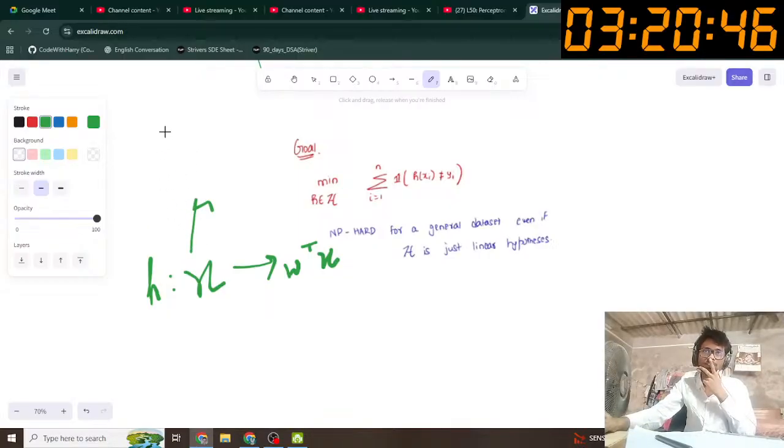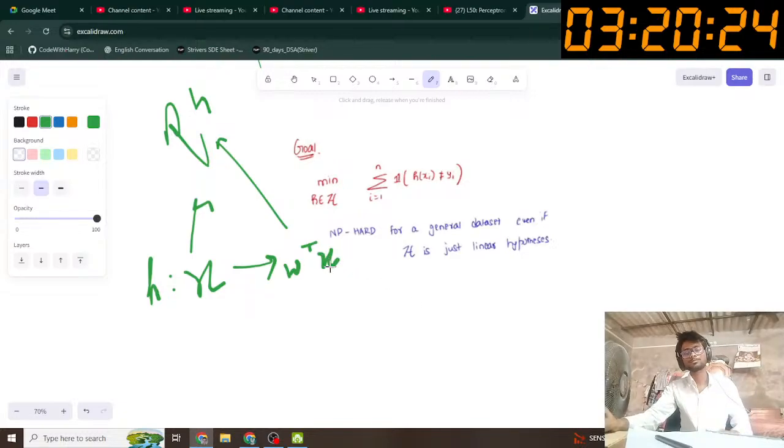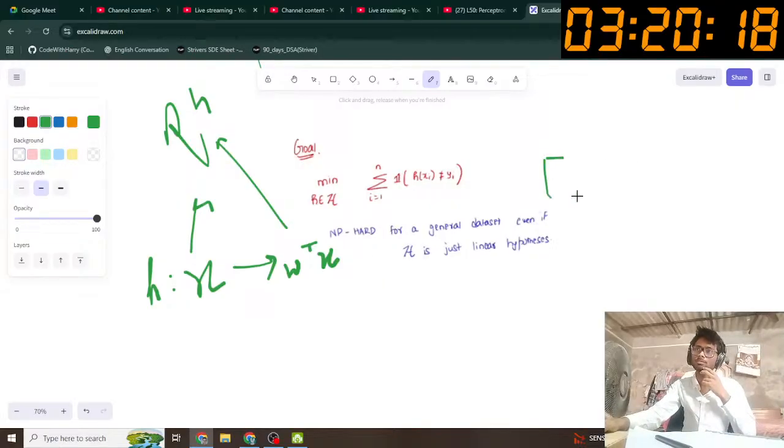The dimension of x is Rn, and the dimension of w is also Rn. Why? Because Rn and Rn transpose. I think you got the point.